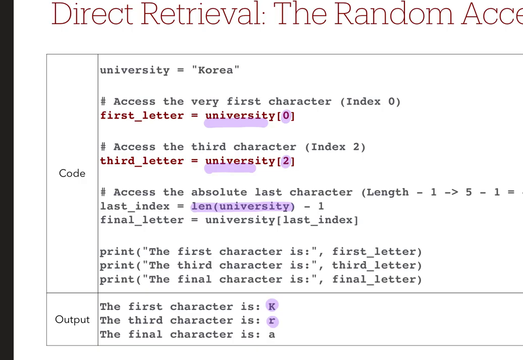And if I subtract 1, the last index will be 4. So if I call university with that index value, you are specifying the last letter of this sequence, so A will be printed in that case.